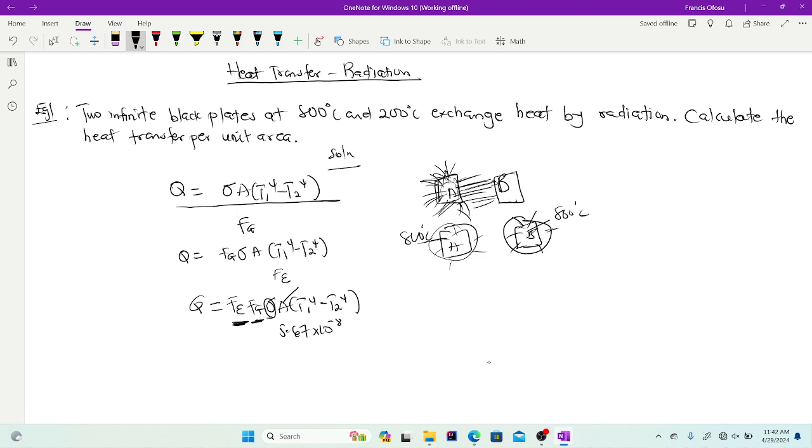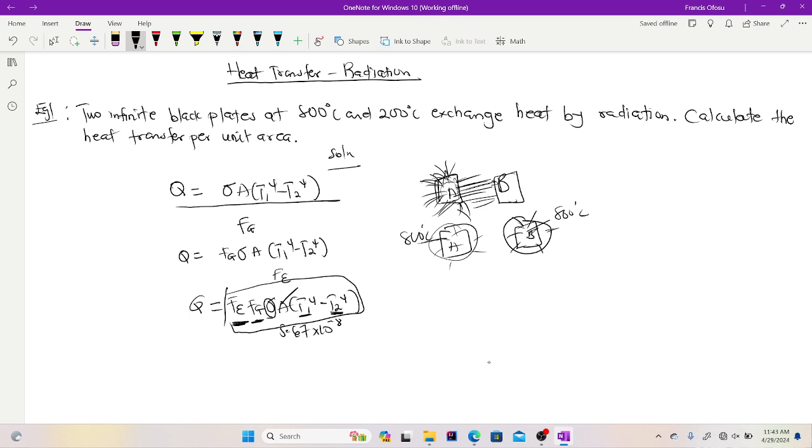Our A is our surface area we're looking at. Our T1 is our hotter temperature and our T2 is our colder temperature. When you want to solve any problem under heat transfer by radiation, this is the formula you're going to use. Now we can have modifications to this formula.